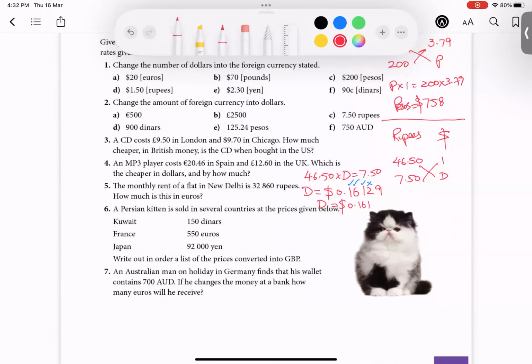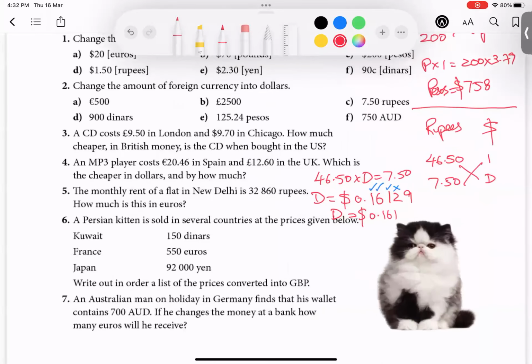I believe all points are very clear. Now get ready. I'm going to give one task and you will try it. Question number 3. Let me read this question for you. A CD costs 9.50 pounds in London and 9.70 dollars in Chicago. One is London and one is Chicago. How much cheaper in British money is a CD when bought in the US?